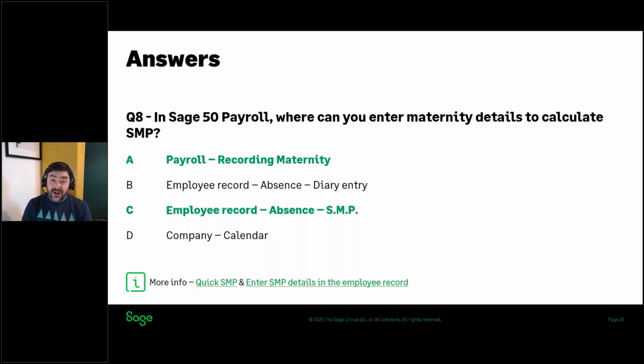If you were thinking diary entry, you can record absence entries for maternity, but that itself would not calculate the SMP. So the relevant dates would need to be entered in the employee record absence SMP or via recording maternity. So well done to those of you that got 4 out of 4 on that round.